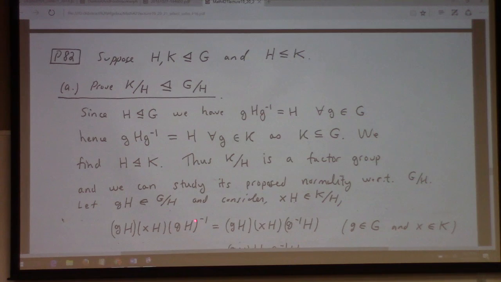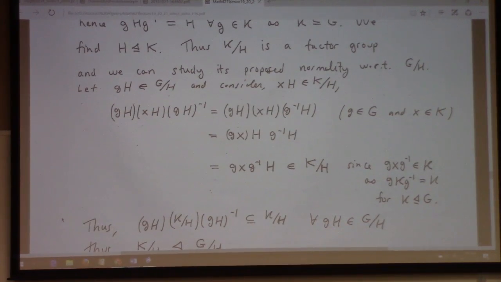Just that the inverse of the coset is the coset of the inverse. This you know from your study of cosets and factor groups. If you don't believe it, you can prove it. Check it out. If I take g inverse H times gH, I get g g inverse H, which is also known as H. So there you go. g inverse H is the inverse of gH. This is not hard to prove.